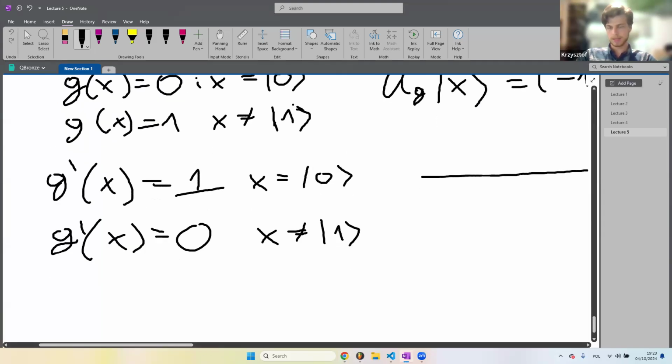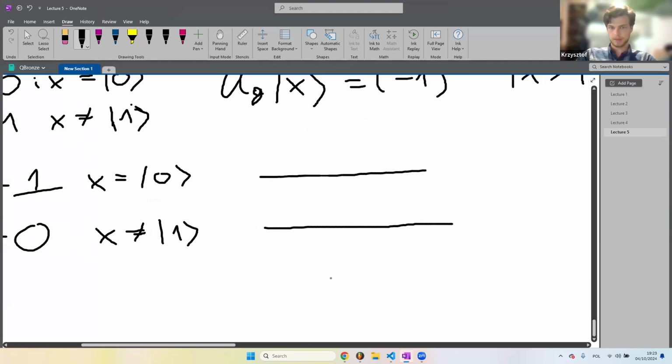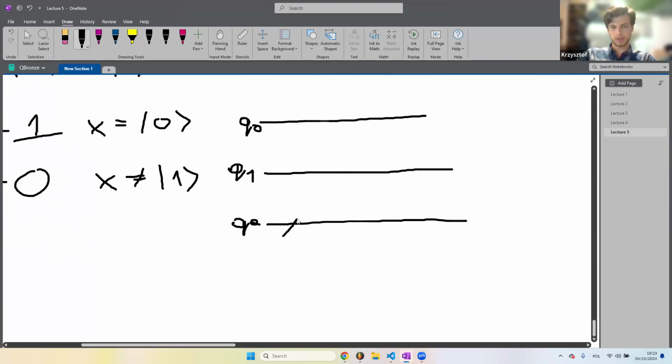Let's draw this here. This is our Q0, Q1, and this auxiliary qubit. And we set its value to the minus state. So here we have the minus state, so you have to apply an X and a Hadamard.